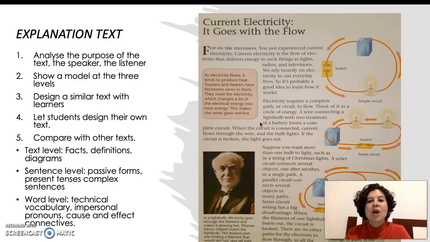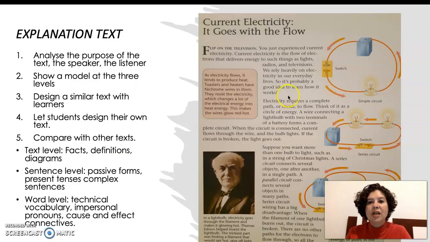Now we're going to do our own text, and then you let students design their own text, on another topic related to the one you're using, so the content doesn't change a lot. And then you're going to show your students other similar texts, so it's very clear for them what kind of vocabulary is expected, what kind of grammar is expected, and the content.